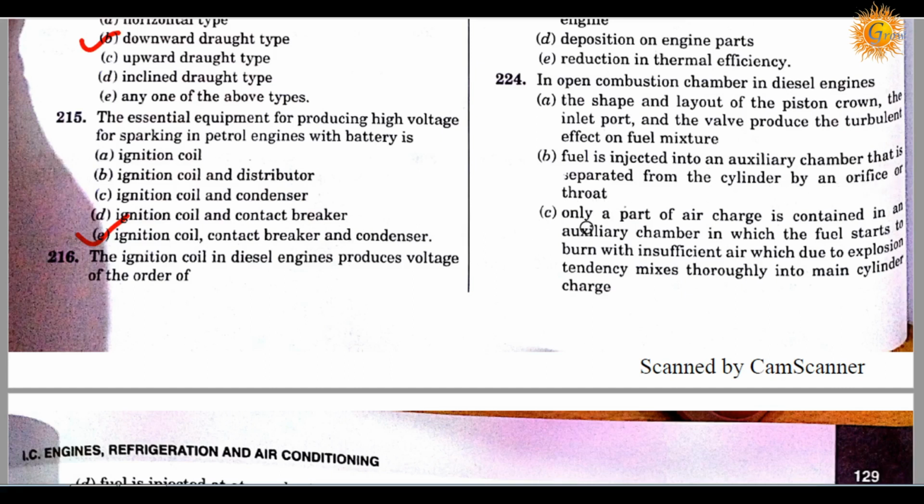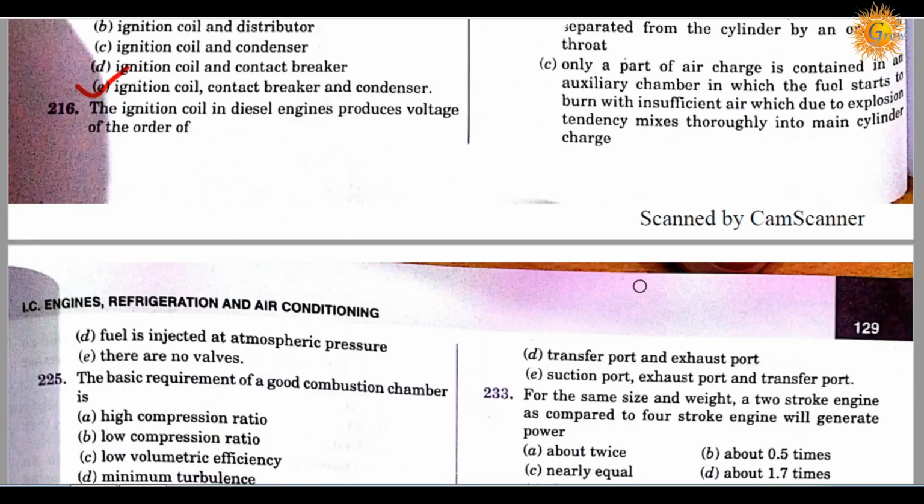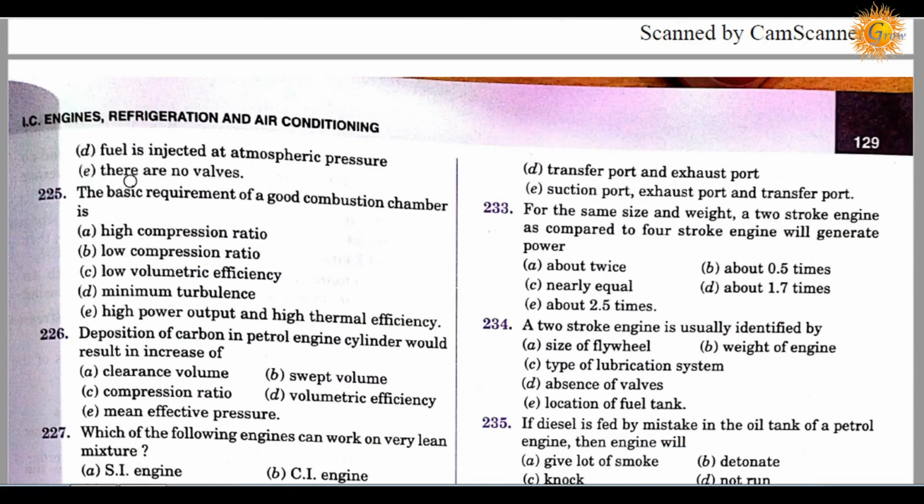Option C, only a part of air charge is contained in an auxiliary chamber in which the fuel starts to burn with insufficient air, which due to explosion tendency mixes thoroughly into main cylinder charge. Option D, fuel is injected at atmospheric pressure. Option E, there are no valves.